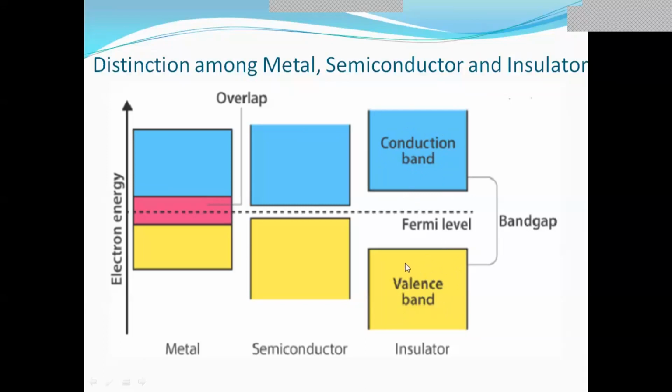Therefore, electric conductivity of this material, so-called insulator, is very low. So this is the picture which shows the comparison of electrical conductivities between three materials called metals, semiconductors and insulators.